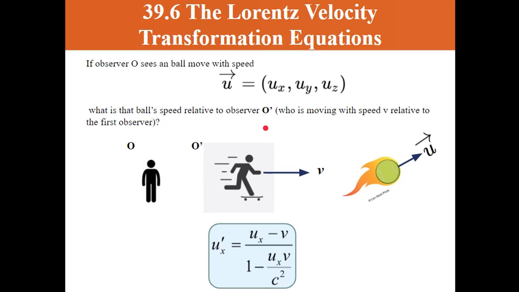So we can't use the classical formula for relative speeds anymore. We need to make it Lorentz friendly. We need to make it relativity friendly.